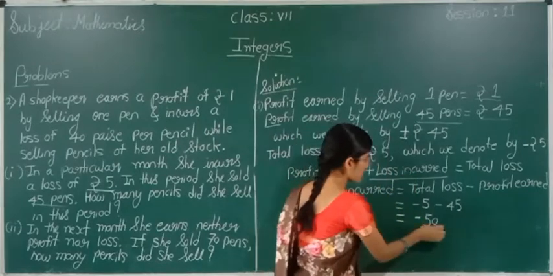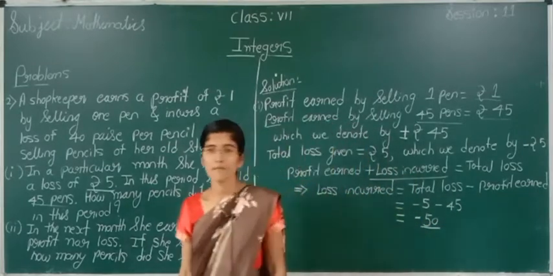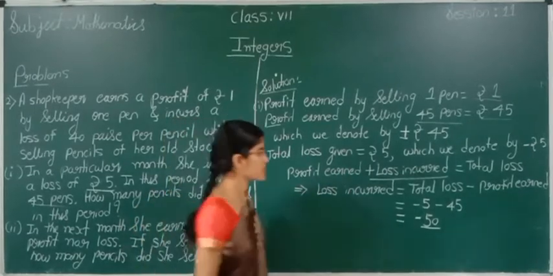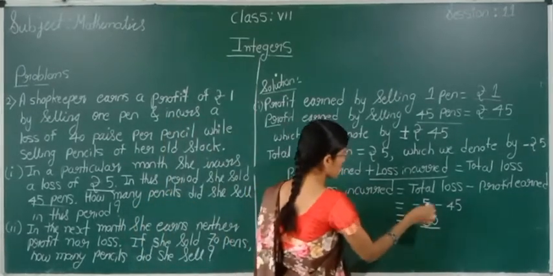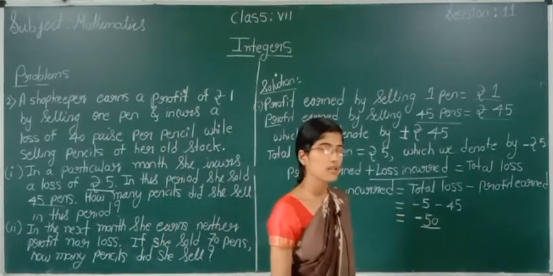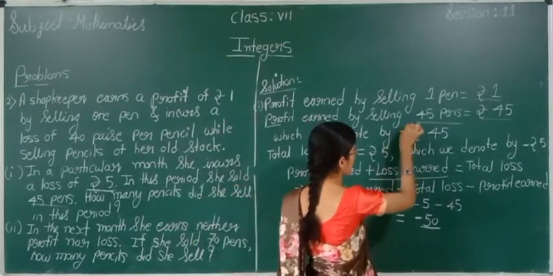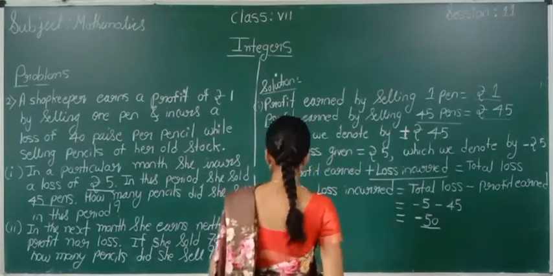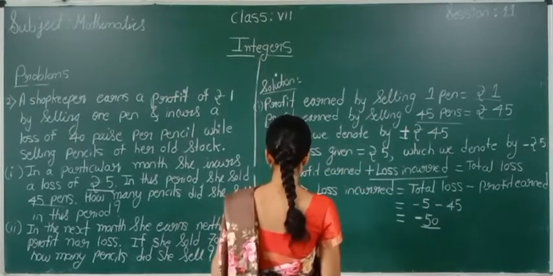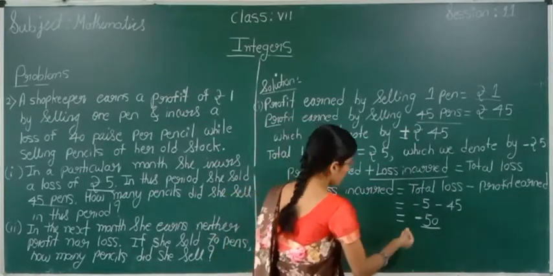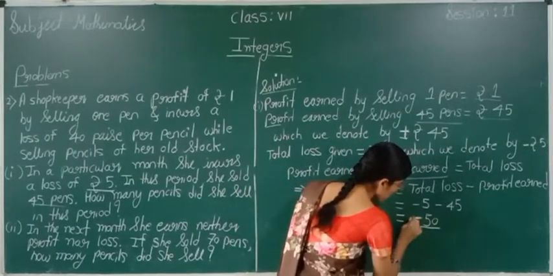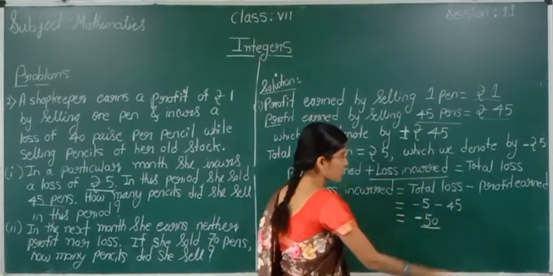Loss incurred is this much, that is minus 50. Why minus? Here loss is there, that's why I indicate it by minus. And profit is represented by a positive sign. Okay. This is rupees. Minus 50 rupees.